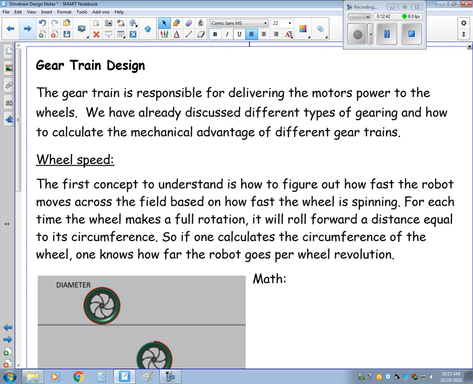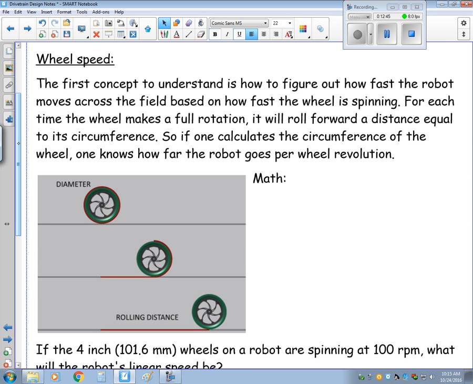So first off, we can focus in on wheel speed. So we need to understand how to figure out how fast the robot moves across the field based on how fast the wheel is spinning. So each time the wheel spins, it makes one full rotation. It rolls forward a distance that is equal to the circumference. So if we calculate the circumference of the wheel, we know how far the robot travels for one wheel revolution. So circumference equals pi times the diameter of the wheel, or the way I like to think about it is 2 pi r, because twice the radius equals the diameter.